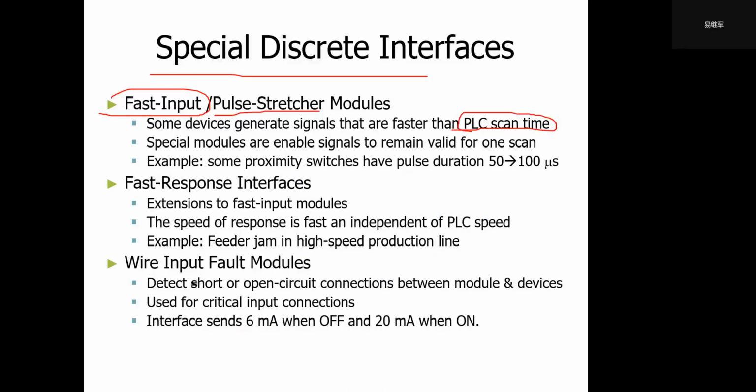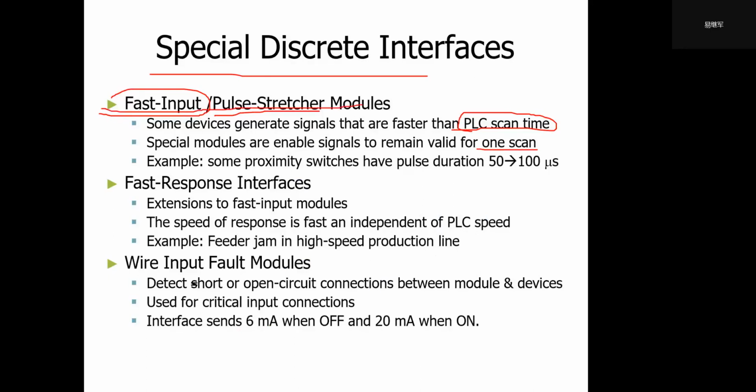Special modules enable the signal to remain valid for one scan. Example: some proximity switches have a pulse duration of 50 to 100 ms.